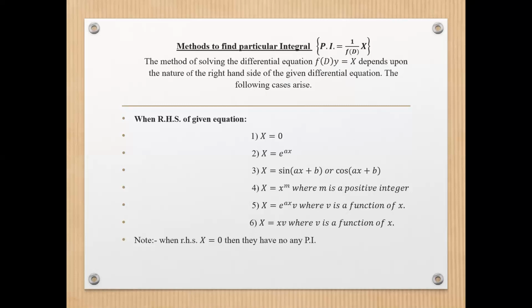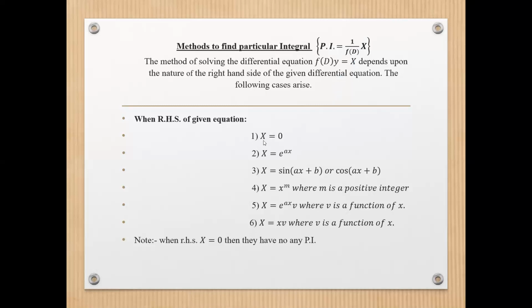That time there is no particular integral, because put X equal to 0, what do we get? P.I. is equal to 0 upon f of D, so we get 0. So P.I. is 0. In this case, there is no P.I. for that particular linear differential equation. This is case number 1.